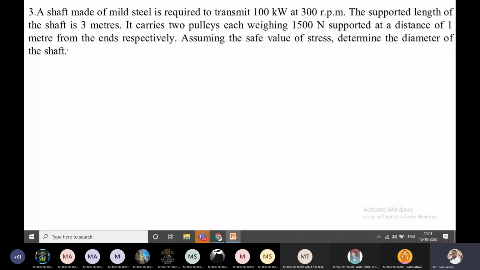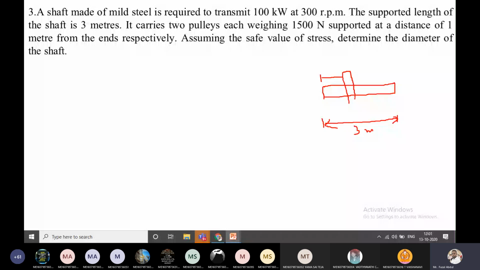So this is the shaft. Now the shaft has a length of 3 meters, and it carries two pulleys of weight 1500 each, 1 meter from each end. From this end, one pulley is here.